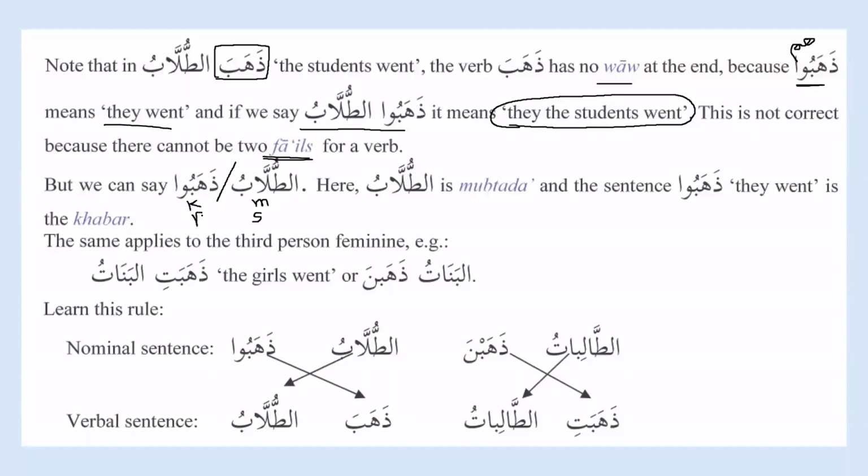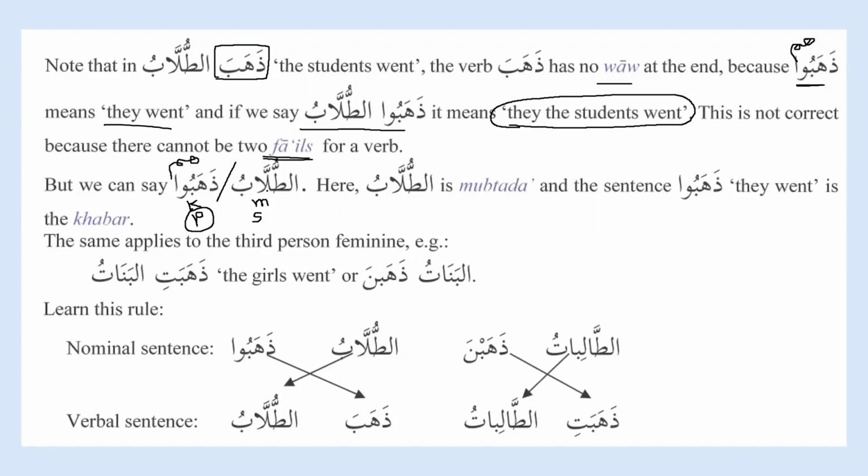And if you remember, I told you in book number 1 that the verb can be the predicate. The reason is that generally subject and predicate are nouns, so the grammarians say that hum, the hidden damir inside it, is the predicate, that is the khabar. However, when you are using a verbal sentence, the verb should follow the noun.